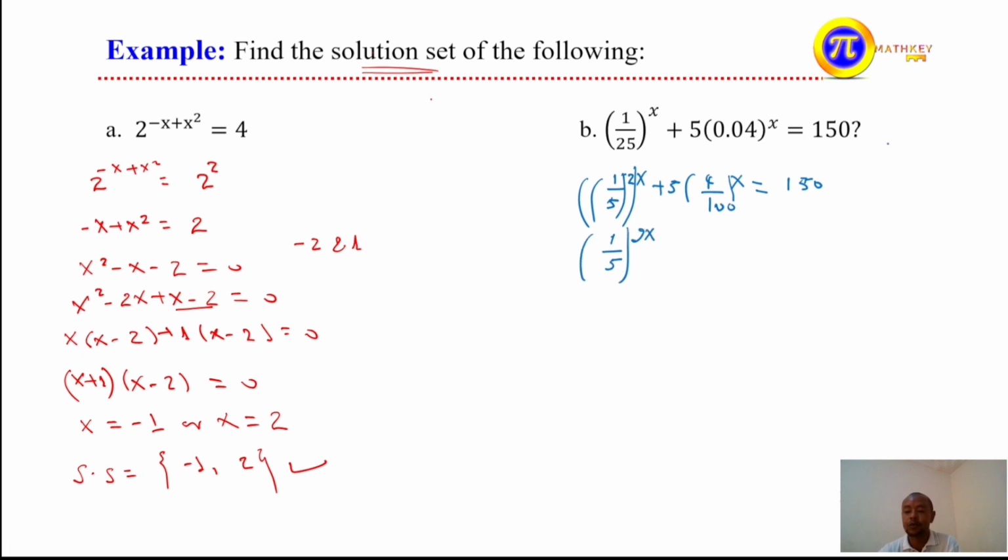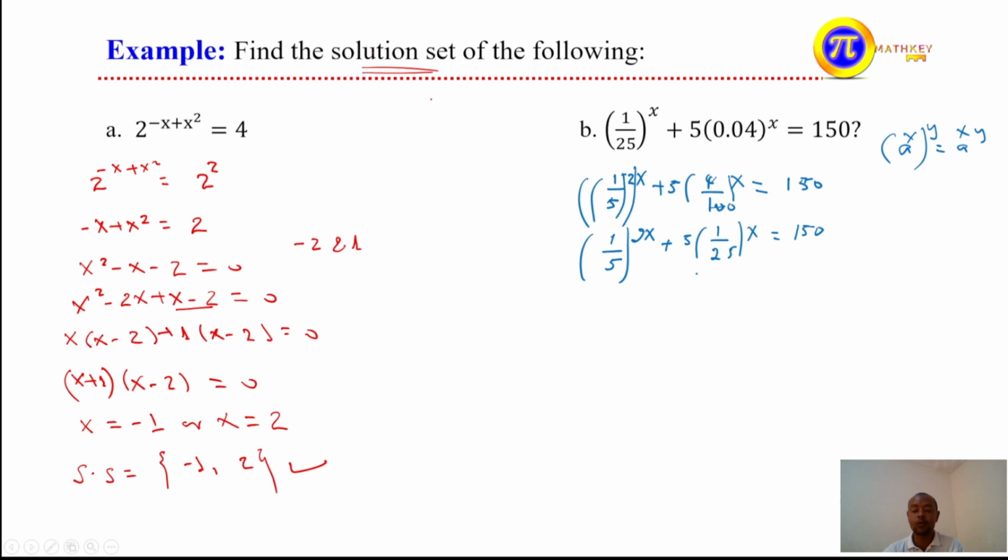Why? Since we know that a to the power of x, to the power of y, is equal to a to the power of x times y. We take the product of the exponents. Plus 5 into 4 over 100: 4 by 4 is 1, and 100 by 4 is 25, so 1 over 25 to the power of x is equal to 150.